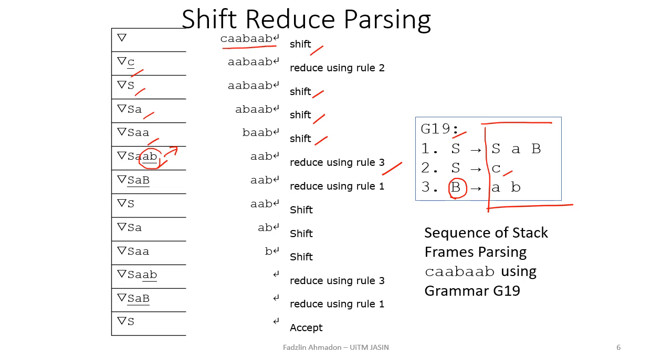So the whole thing becomes a handle and the whole thing is reduced using rule 1. So this whole thing is removed and replaced with S. Okay, next we do another shift operation, and shift operation, and we get SAAB. So if you notice, this is basically a replication of the previous steps we took above.